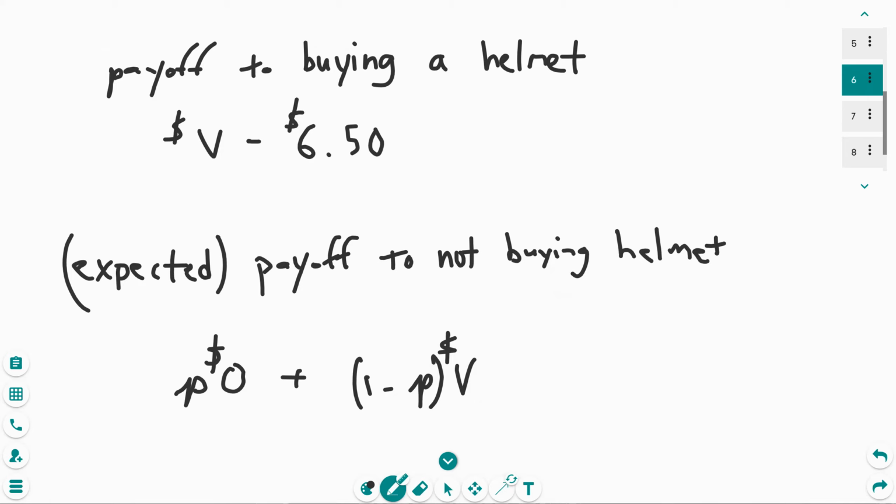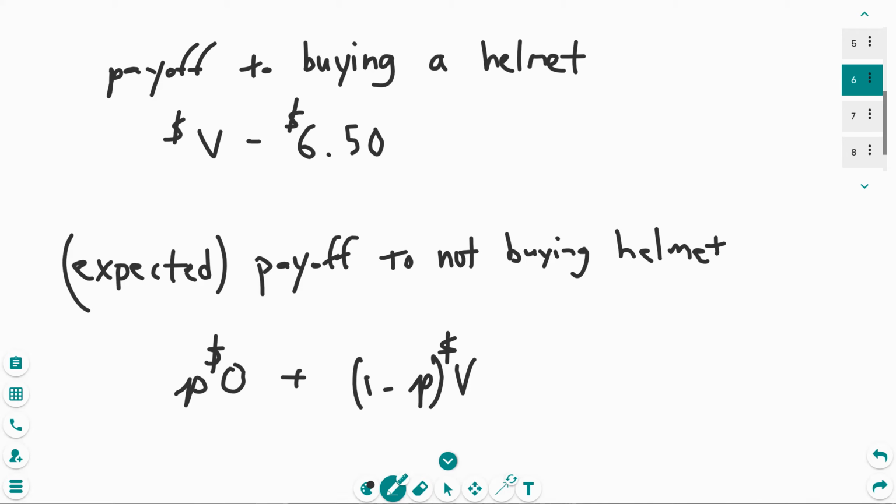Now the key step in using this information to identify what people are willing to pay to reduce their mortality risk, or what their implied value on their own life is based on these decisions, the key to this is to assume that in a market, these payoffs have to be basically identical.